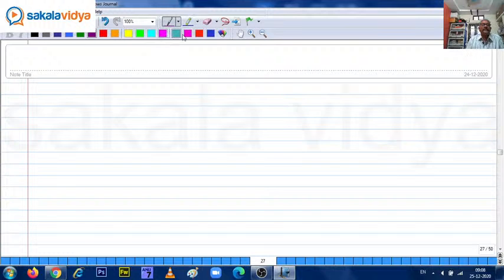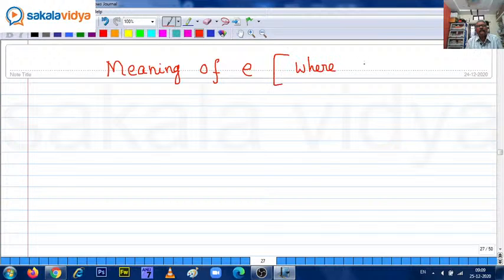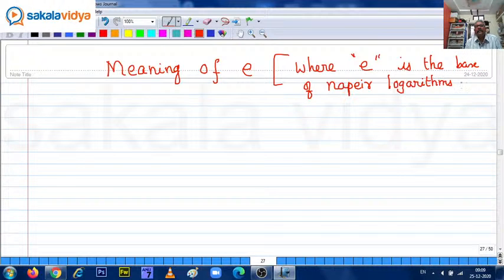Next, we need to discuss the meaning of e. What is the meaning of e? e is the Napier base, the base of Napier logarithms.